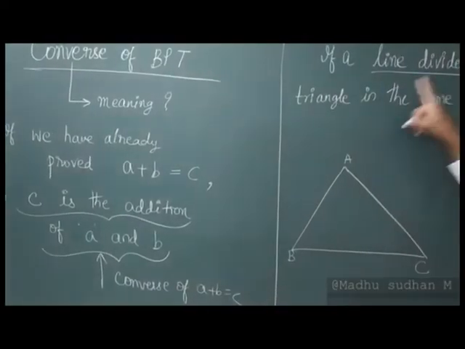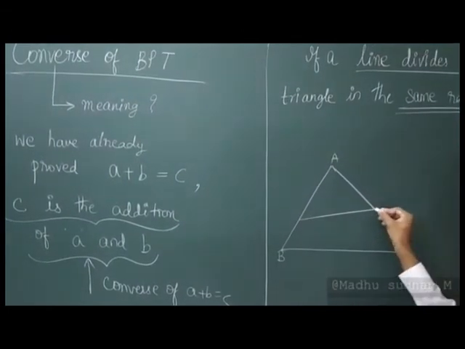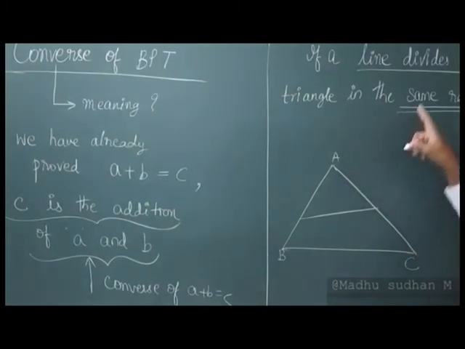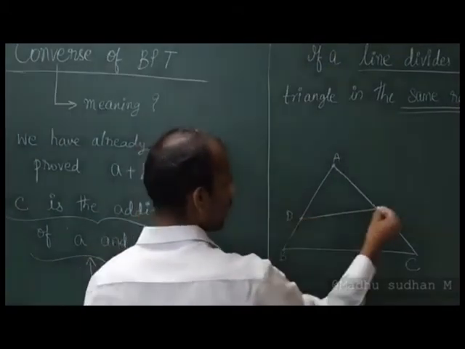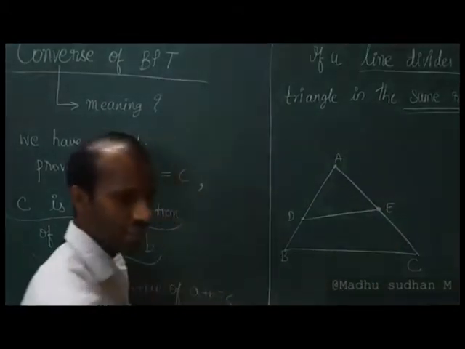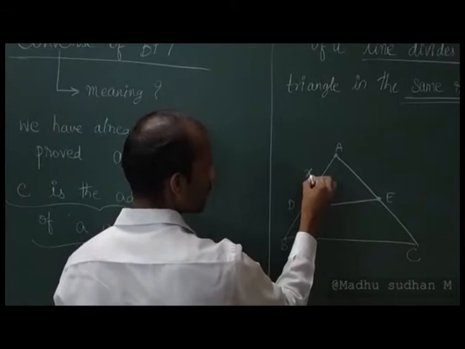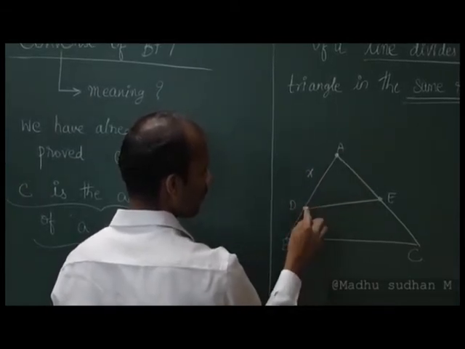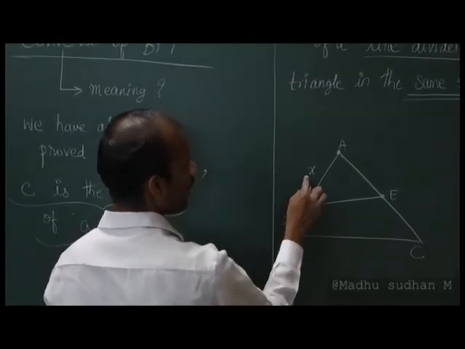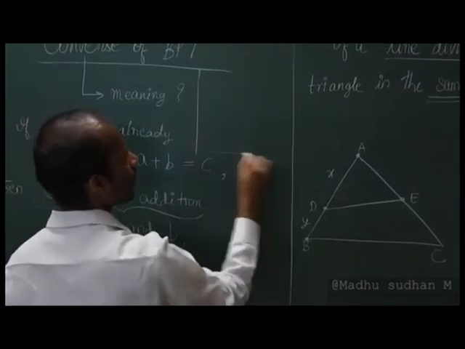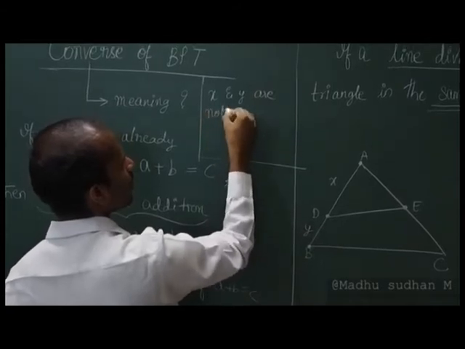If a line divides a triangle in the same ratio. So now let me draw a line like this, dividing in the same ratio. What's the meaning of that? Let me call this point D here and this distinct point E here. In the same ratio, so if from here to here it is X, and from here to here it is Y. Followed it? Again, let me write here, X and Y are not actual measurements.